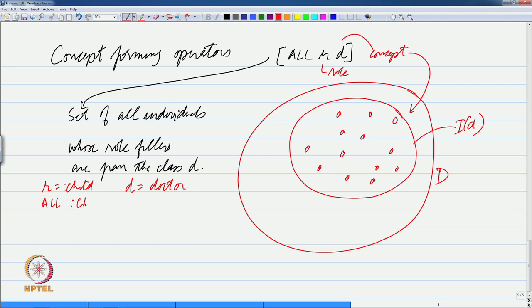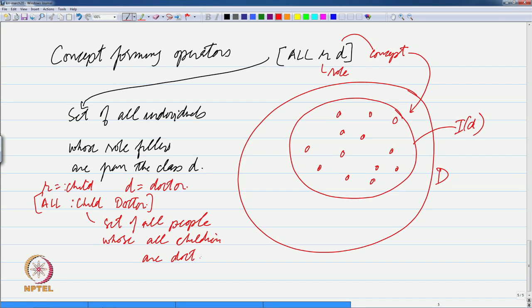So, :CHILD, and we will use uppercase as in the book, is the set of all people, I am just using the term people, but all individuals is more correct, whose all children are doctors. So, ALL R D is essentially defining a new set.